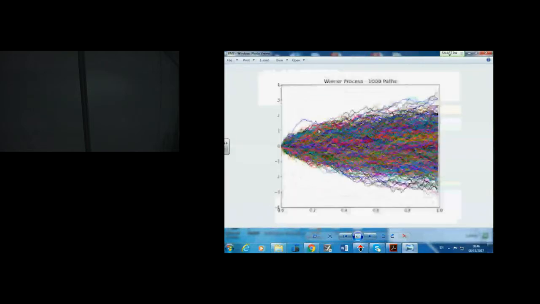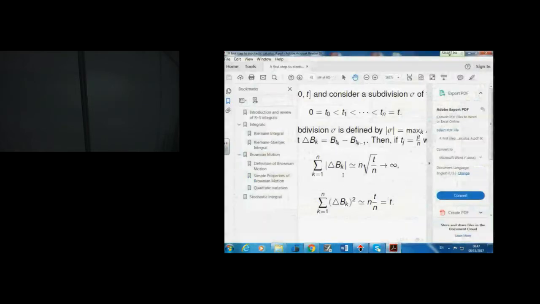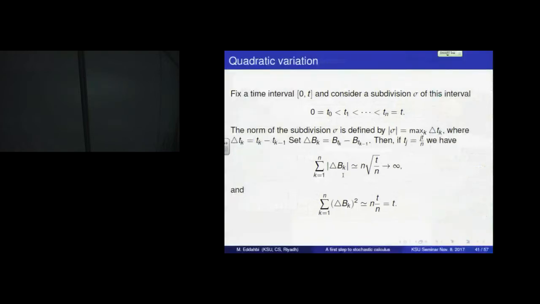It is possible to do this with MATLAB, with R, with Maple. Here you have many trajectories. I showed you this to see the irregularity. So let's go back again to the slides.